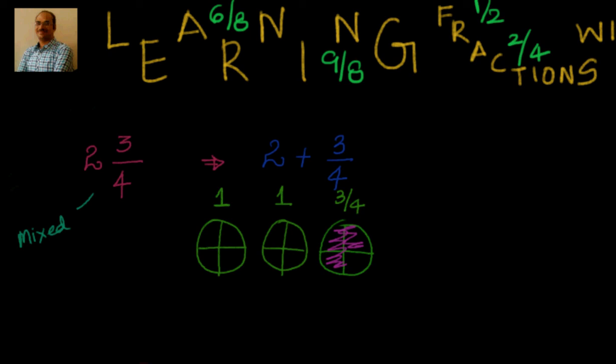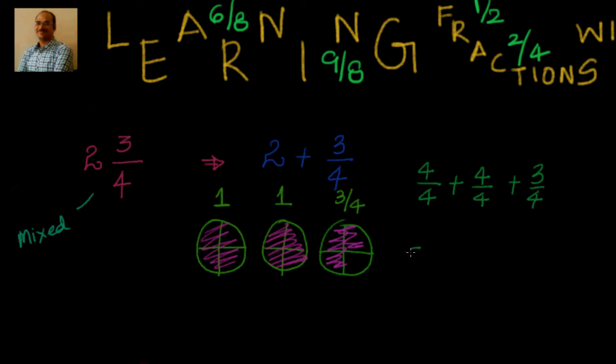Now if I take each full circle, this is equal to 1, this is equal to 1, and this is equal to 3 by 4. But I can write this 1 as 4 out of 4. So I can write it as 4 out of 4 plus 4 out of 4 plus 3 by 4.